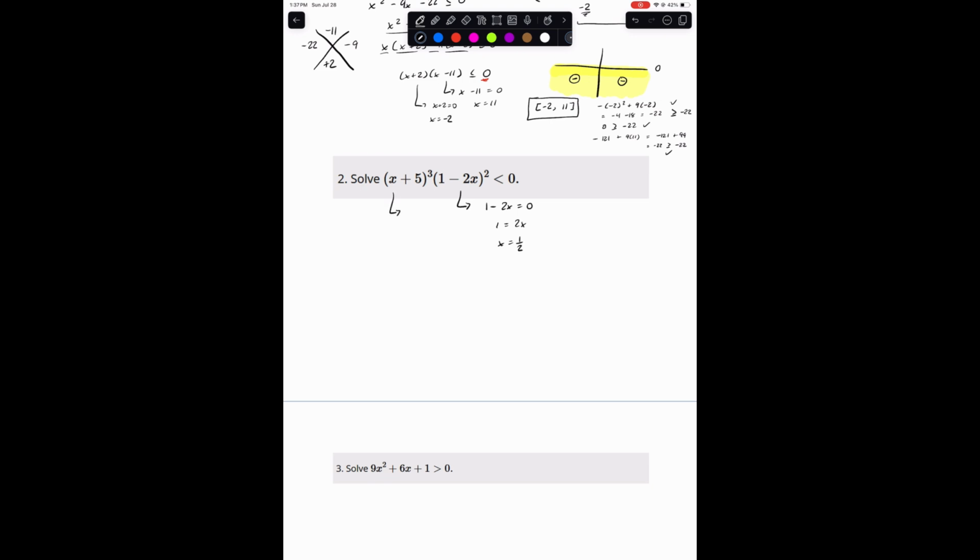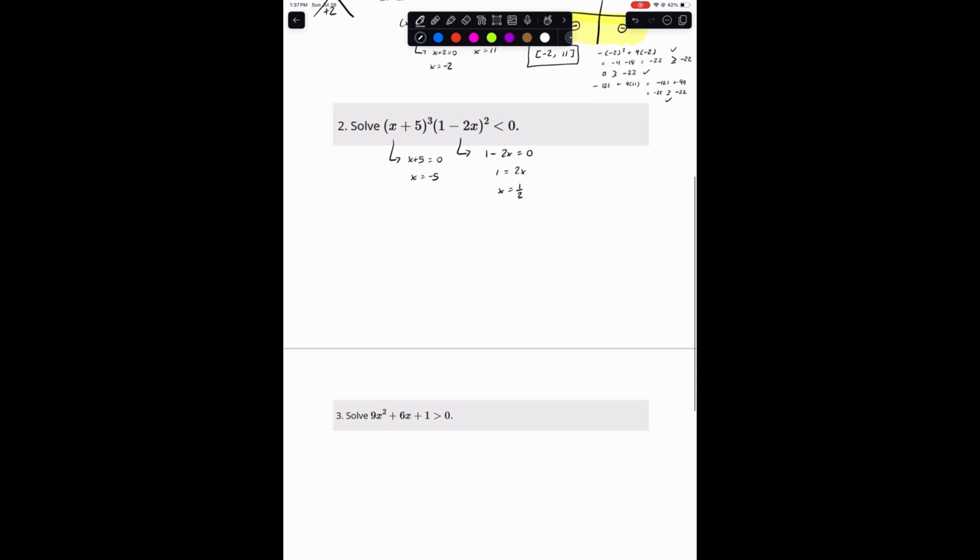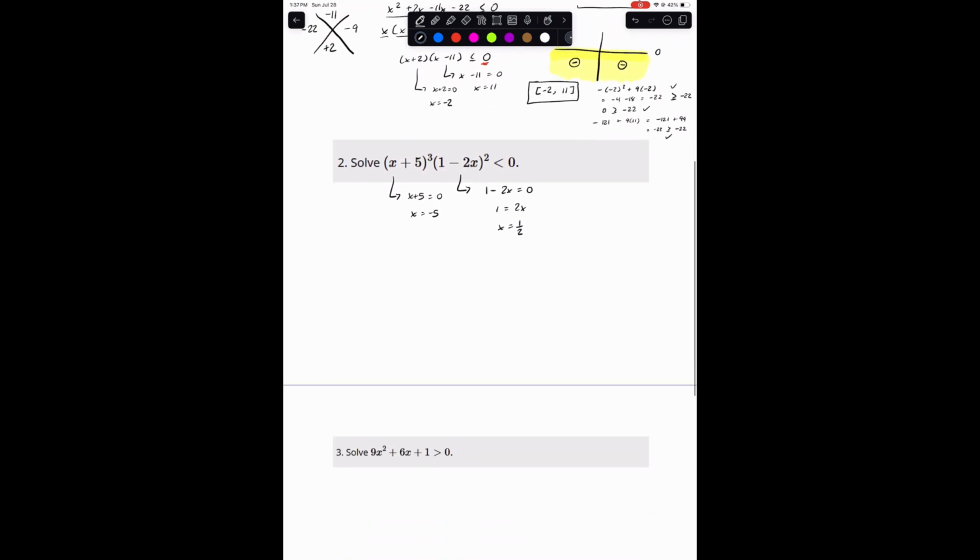For this one, x plus 5 equals 0, so x equals negative 5. Now the sign chart. So you have negative 5 and 1/2. Let me move this down a bit.